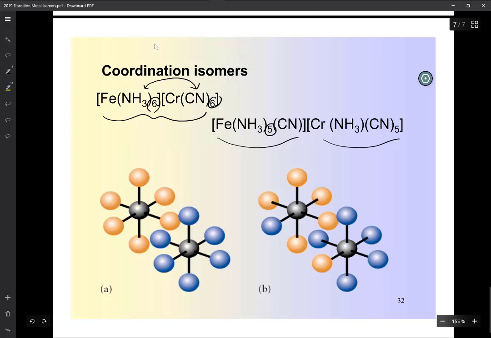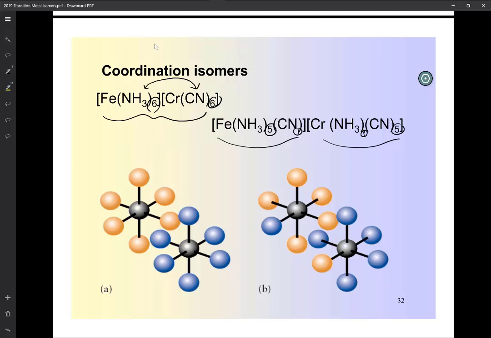Now there's 5 and then 1 right here, and the CNs, there's 5 and there's 1, so it's still the same total number. But what's happened is those complex ions, if you think about the sphere again, have taken a ligand out of their coordination sphere and exchanged it with the other complex ion.